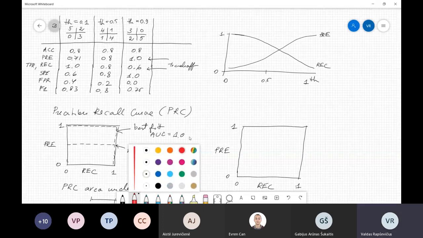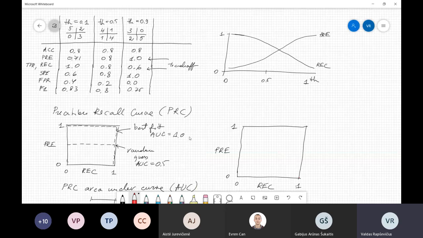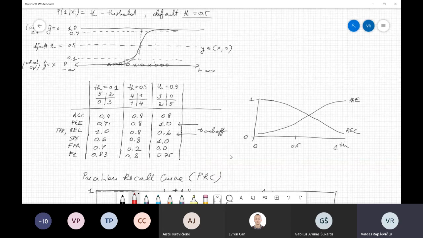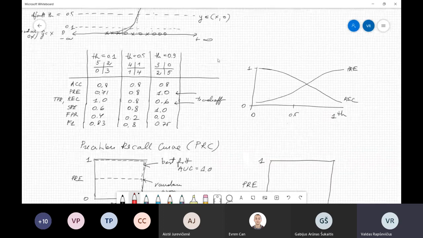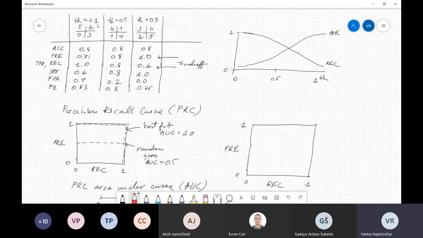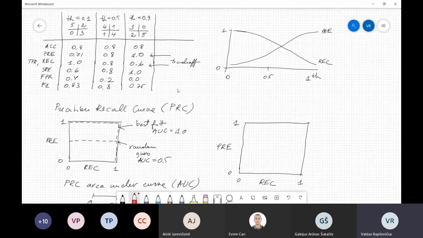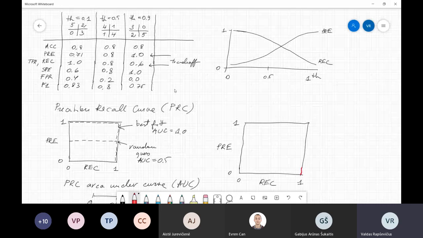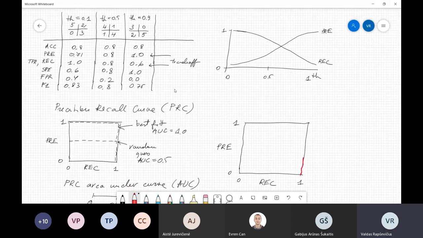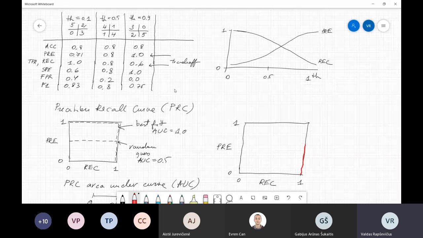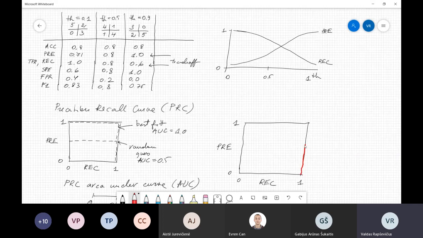Basically, in the order of increasing probabilities we're moving up, from 0.1 to 0.2, 0.3, and so on. We've been just jumping over the samples. We have a recall of 1, and we move up until 0.721. Then the precision equals 0.721, and now it goes like that.